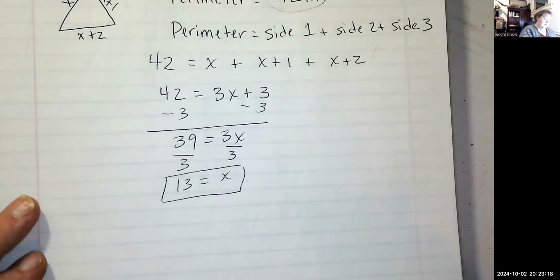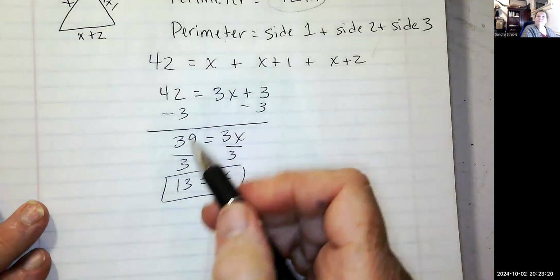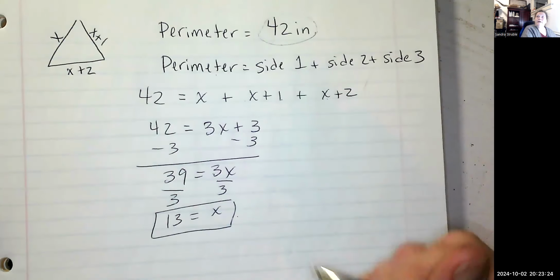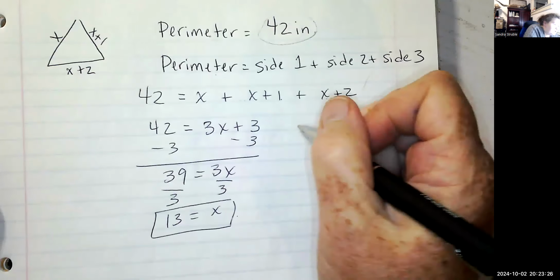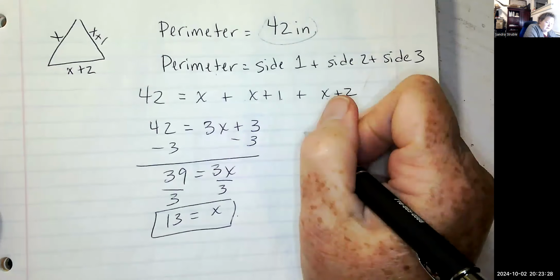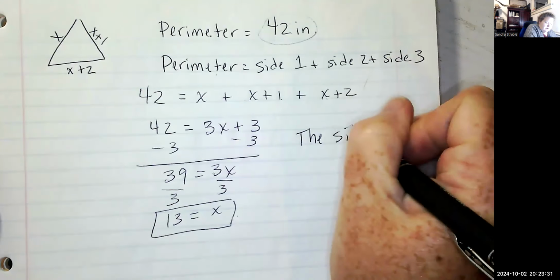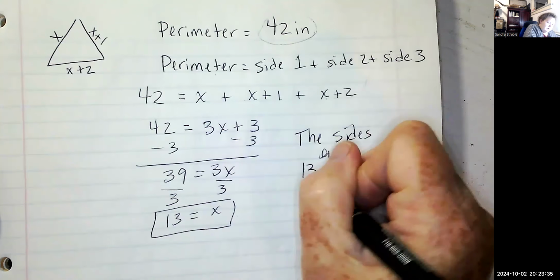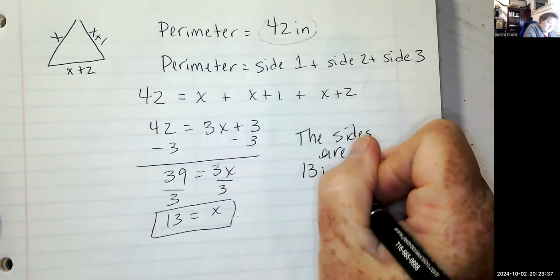Okay. You can always check this. In fact, I'm not even done. That's just one side. They want to know all the sides. Well, what's the actual question? Find the lengths of the sides. The sides are, well, 13. What's our unit? Inches.